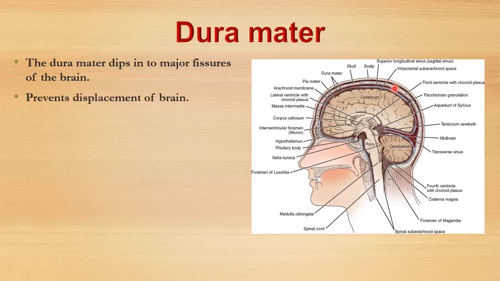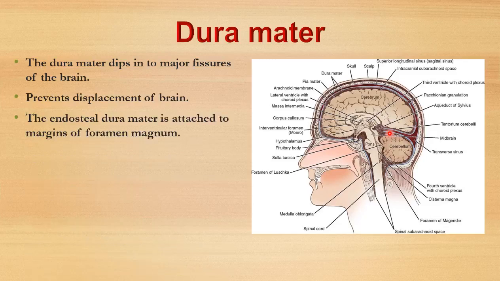When it dips into the large fissures, mainly the median sagittal fissure between the two cerebral hemispheres, and also between the occipital lobe and the cerebellum, it intervenes as the tentorium cerebelli.